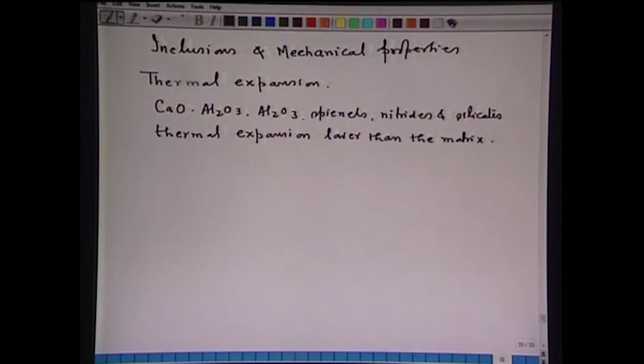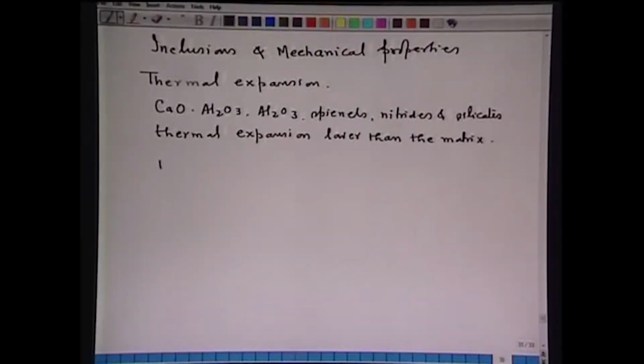What will they do? On heating, these inclusions have lower thermal expansion as compared to the matrix. So, internal stresses of thermal origin will develop, and these types of inclusions are detrimental to fatigue properties. Remember, the detrimental effect on fatigue properties arises from those types of inclusions which have thermal coefficient lower than the matrix. You can imagine how this will happen. When you heat it, one will expand more, another will expand less.